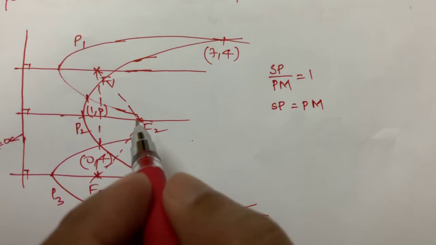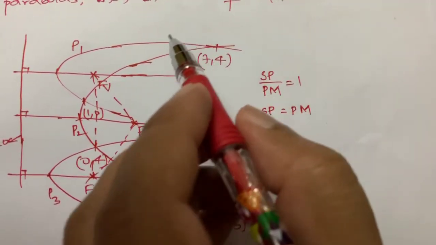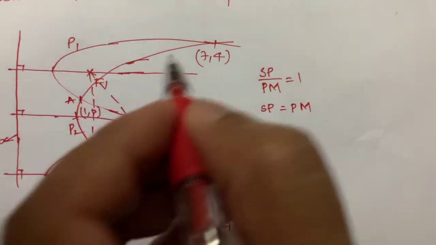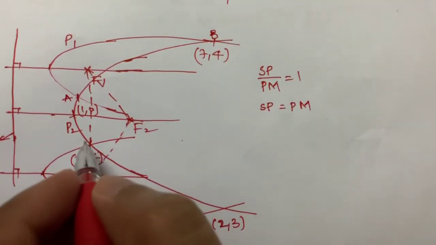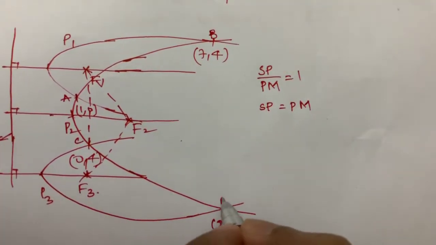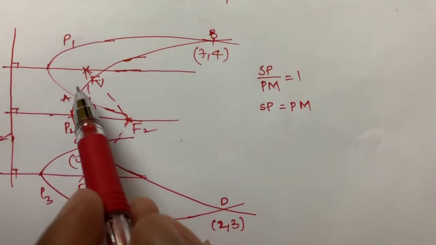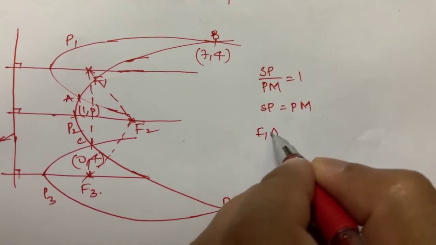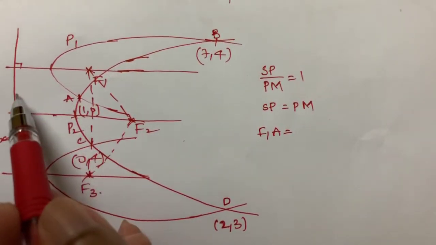Okay. Now we will name the points as A, B, C, D. Let us say (1, 0) is A, (7, 4) is B, (0, 4) is C, and (2, 3) is D. According to the definition for the first parabola, F1A is equal to the distance from this point to the directrix.